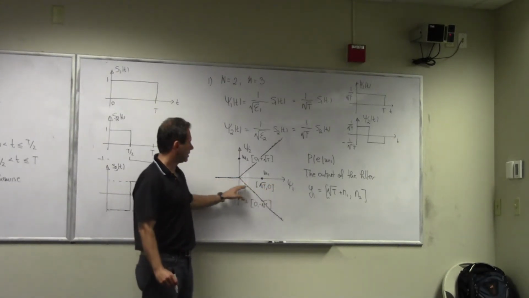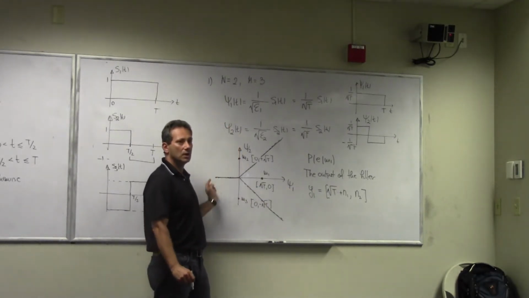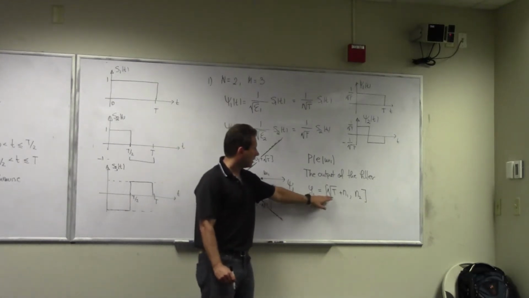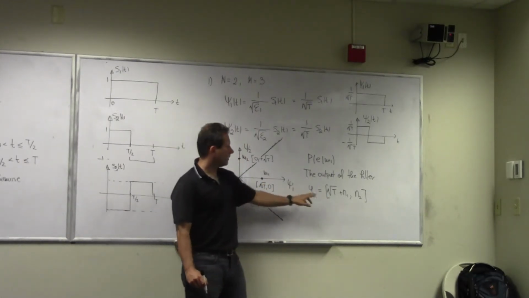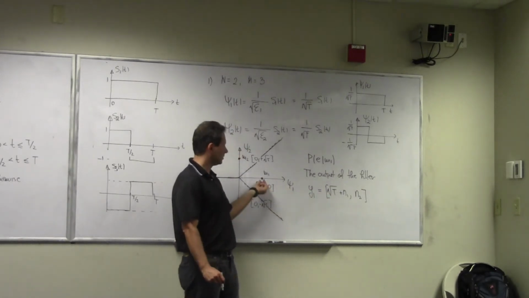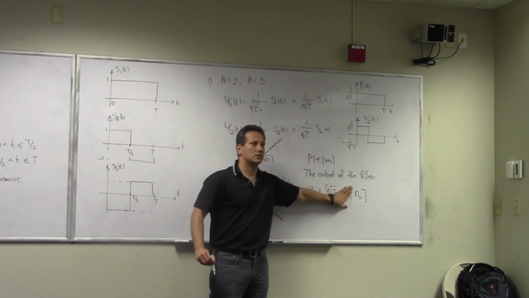I have two noises. One is noise along the psi 2, and the other one is noise along the psi 1. Along the psi 1, I have the noise that's offset by the energy of the symbol. So if the noise N1 is small, I should really fall right into the point.